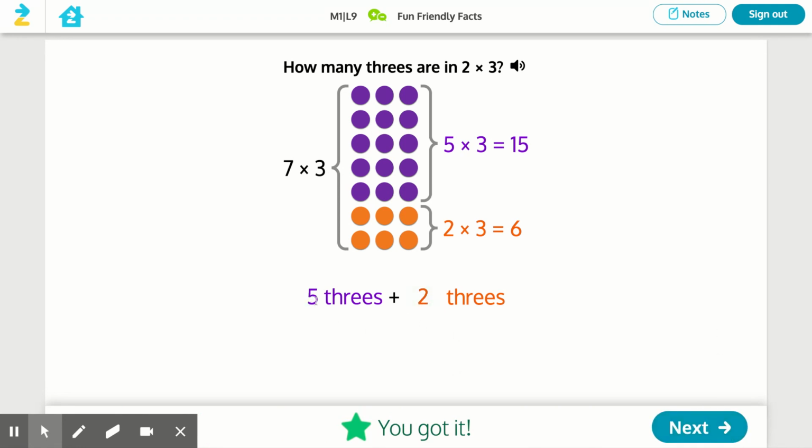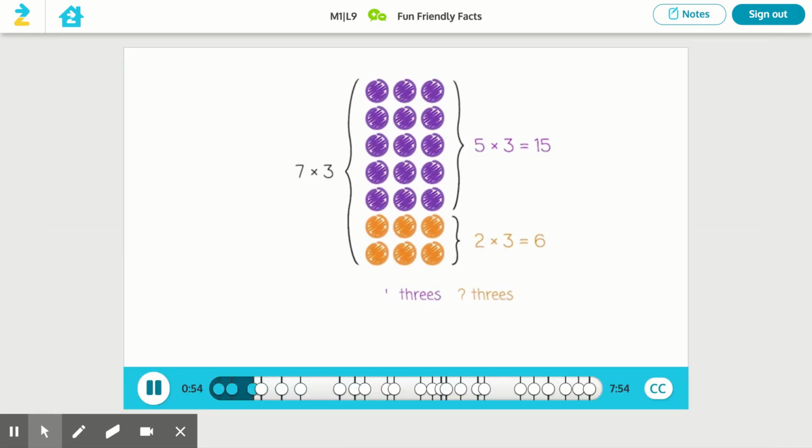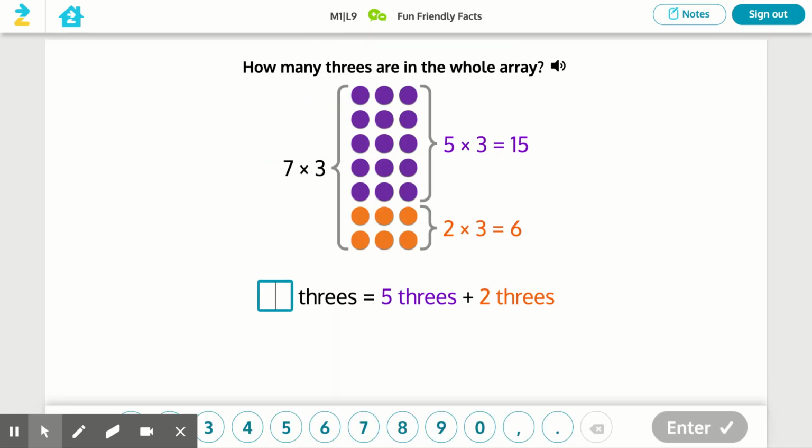So we have 5 threes and 2 threes. This array shows 5 3's plus 2 3's. Yes. How many 3's are there altogether? Well, tell me in your Nearpod then, guys. How many threes are there altogether if we have 5 threes and 2 threes?